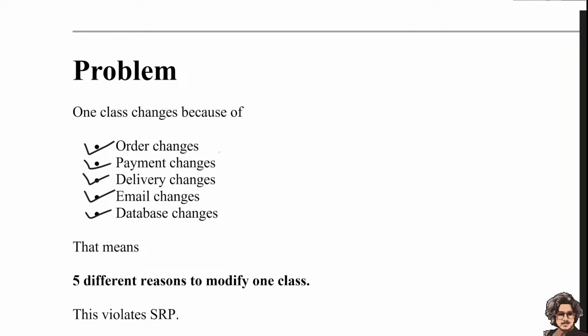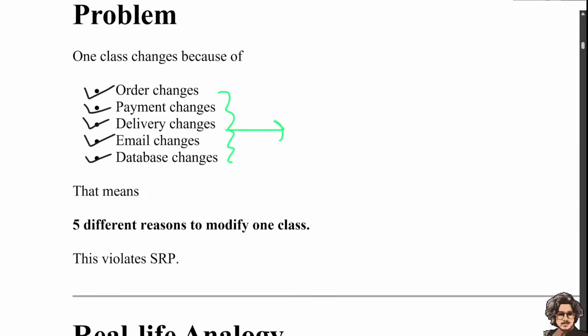So we have to change this class at different times as different functionality changes. That means 5 different reasons to modify one class. Okay, so keep that wording: 5 different reasons to modify one class.